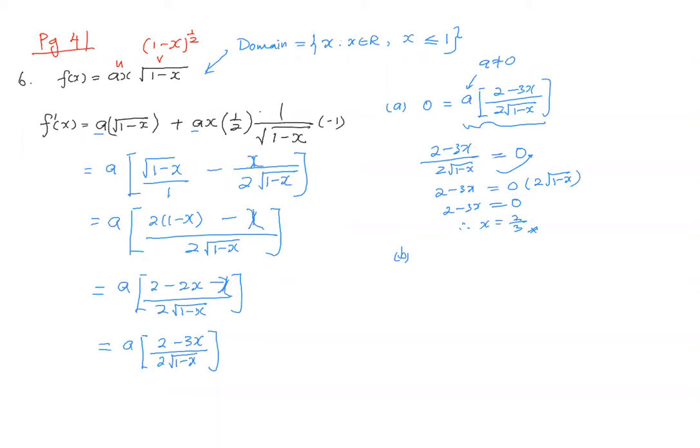Part B, look. They say the gradient equal to a. So a equal to a times 2 minus 3x over 2 root 1 minus x. If you look at here, understood? That one has to be equal to 1. Am I right? So my 2 minus 3x is equal to 2 root 1 minus x.